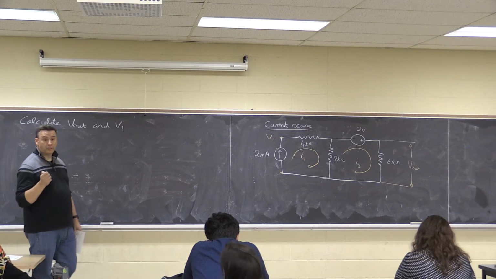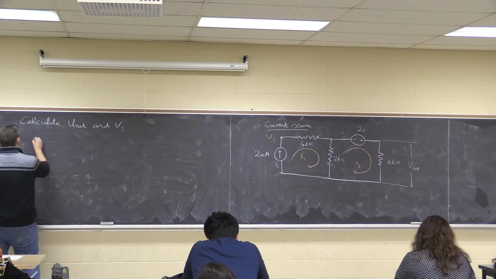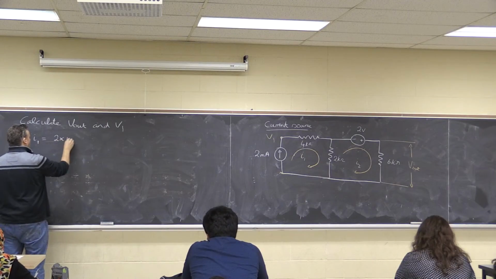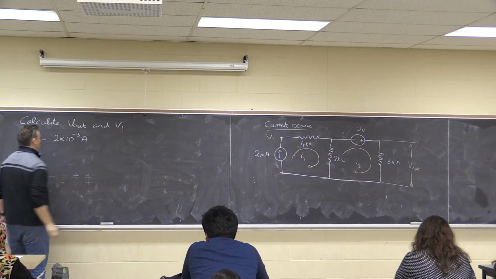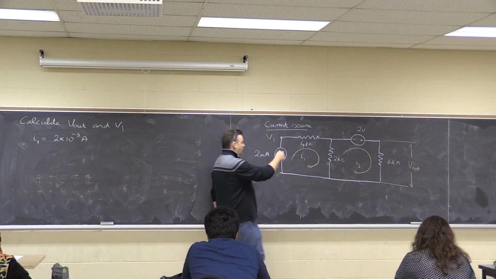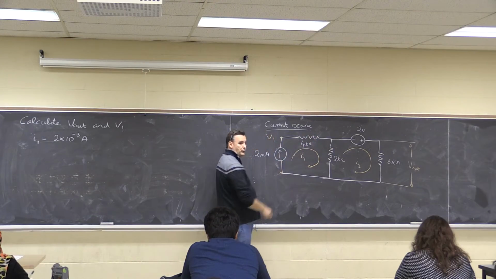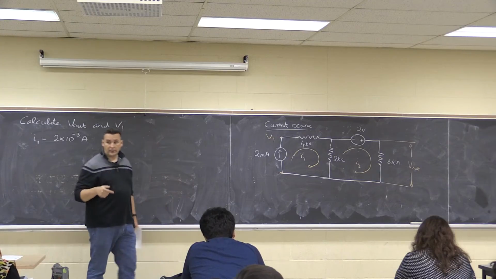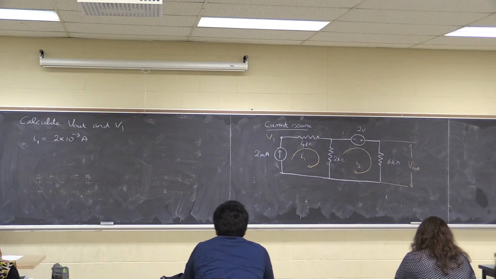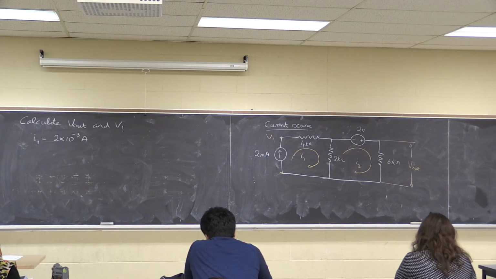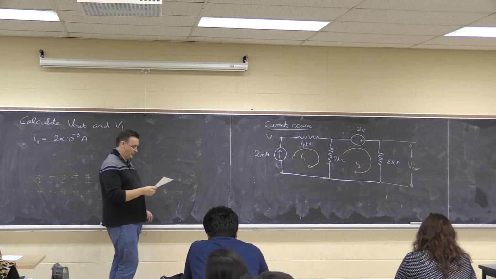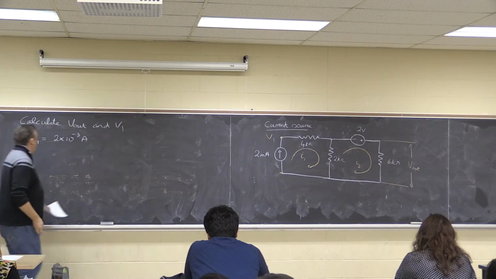Well, I know I1 in terms of a number. I1 equals 2 times 10 to the minus 3 amps, or 2 milliamps. So I've drawn a loop current. There's nothing else going through the current source except current I1, and the current source gives me 2 milliamps, so I1 must be 2 milliamps. So when I've got current sources, I'll usually know a current in a loop somewhere. I knew one of the loop currents straight away. Okay, so loop 2.